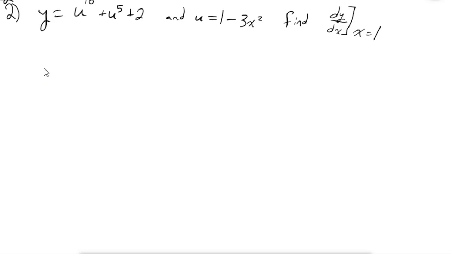So let's use our Leibniz notation once again. dy by dx is equal to dy by du multiplied by du over dx.